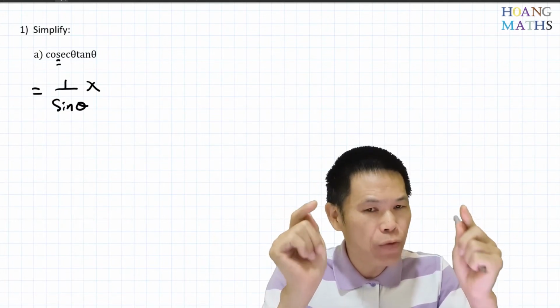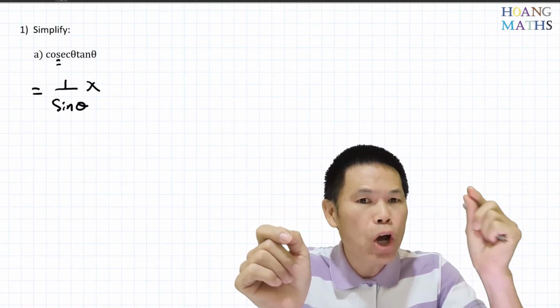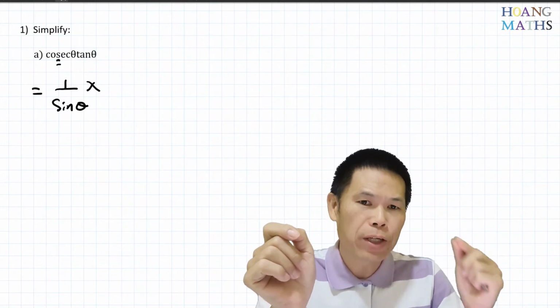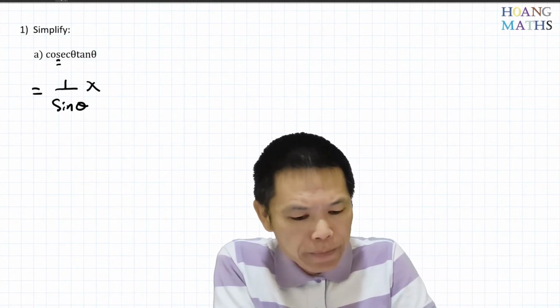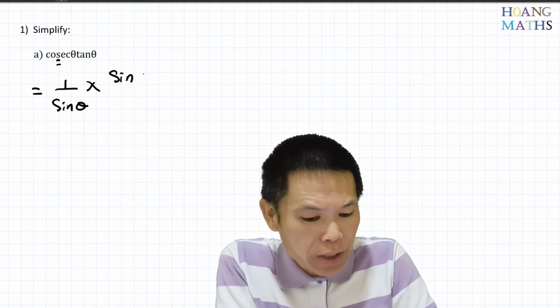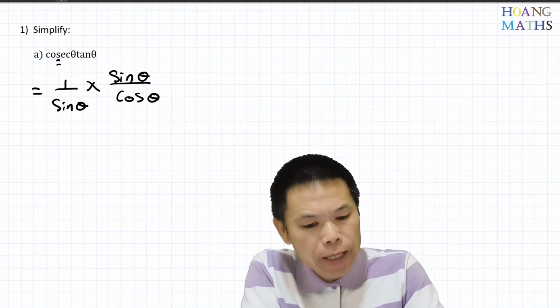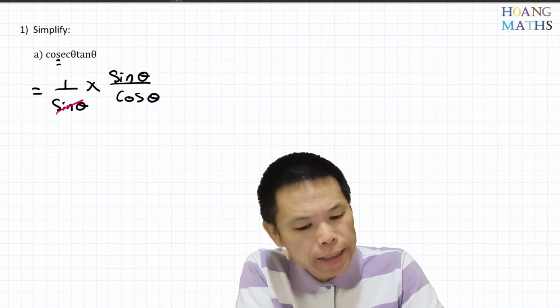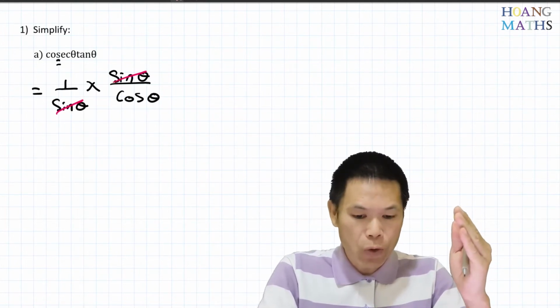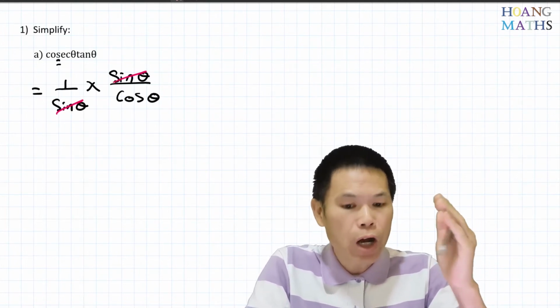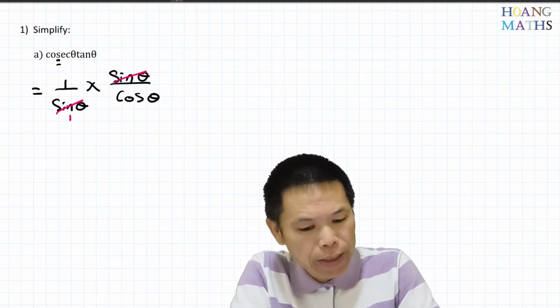Now tan of theta, remember, is equal to sine over cos from last video, okay? So tan is sine theta over cos of theta. But then these two sides, I can simplify it out. So therefore the answer is 1 over cos, because this is 1 and this is 1.